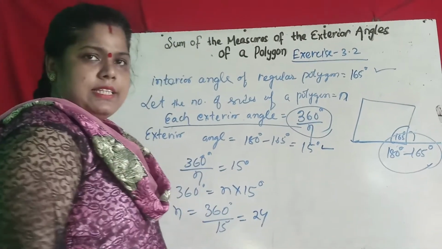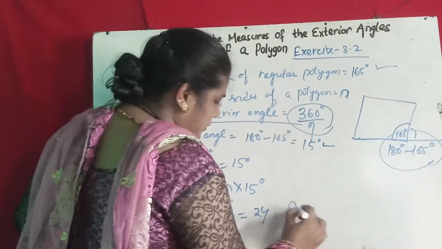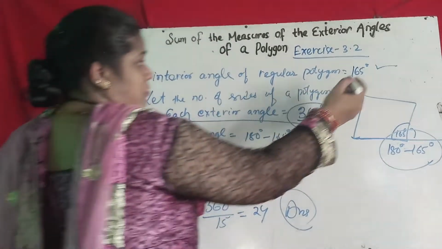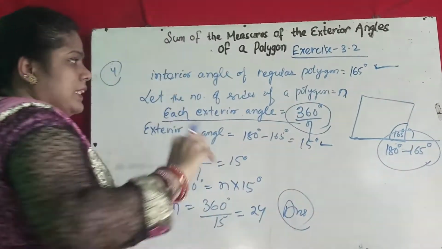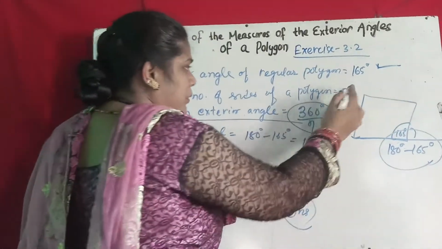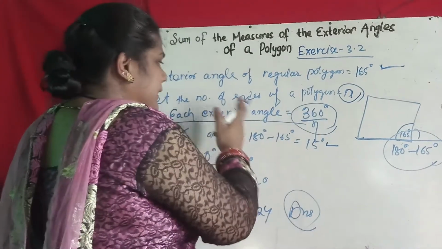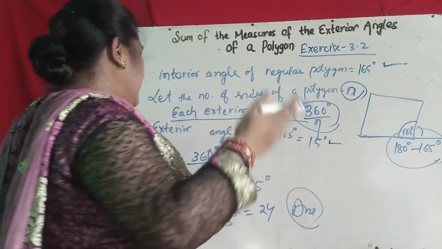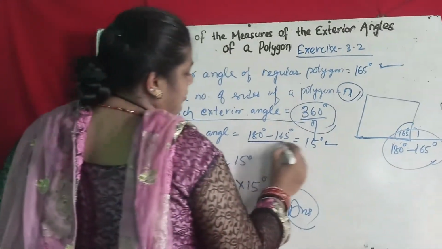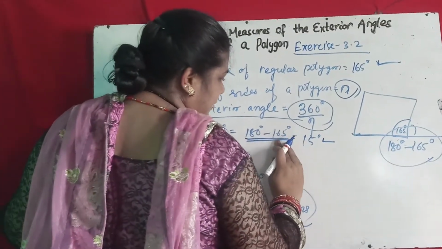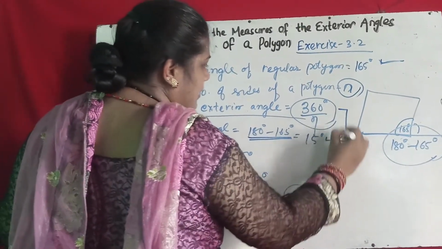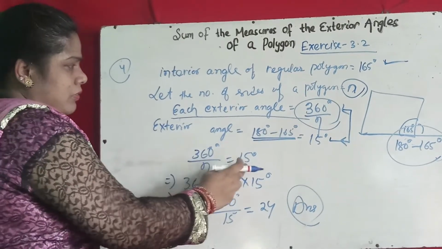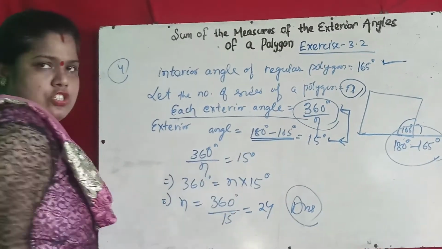The number of sides of the polygon is 24. Understood? So the interior angle is given as 165 degrees. Let the number of sides of the polygon be n. Then each exterior angle must be 360 by n degrees. The exterior angle we also find by 180 minus 165 degrees. So these two are equal: 360 degrees by n equals 15 degrees, and here we solved.